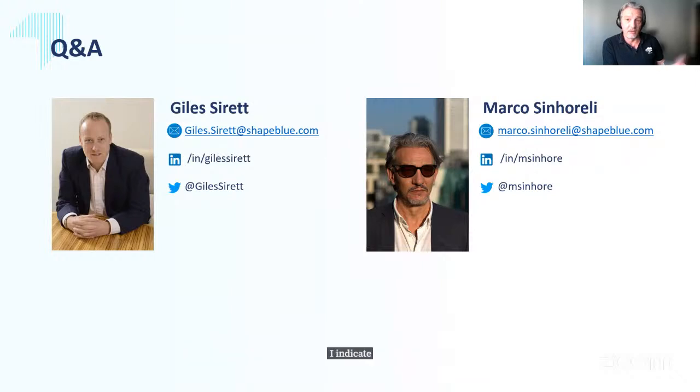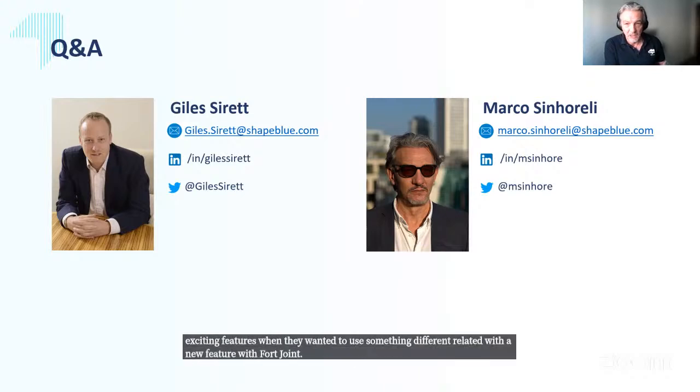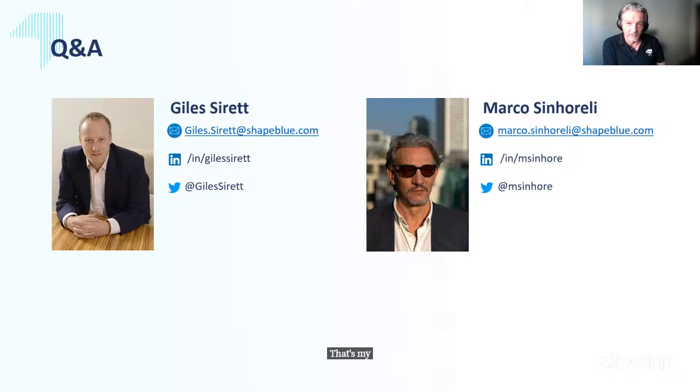If he does not need that, he can use XCP-ng or KVM, both. In terms of storage, I think XCP-ng can offer more flexibility considering block storage, but KVM can offer more exciting features when they want to use something related to a new feature in 4.20. That's my point. Thank you, Marco.